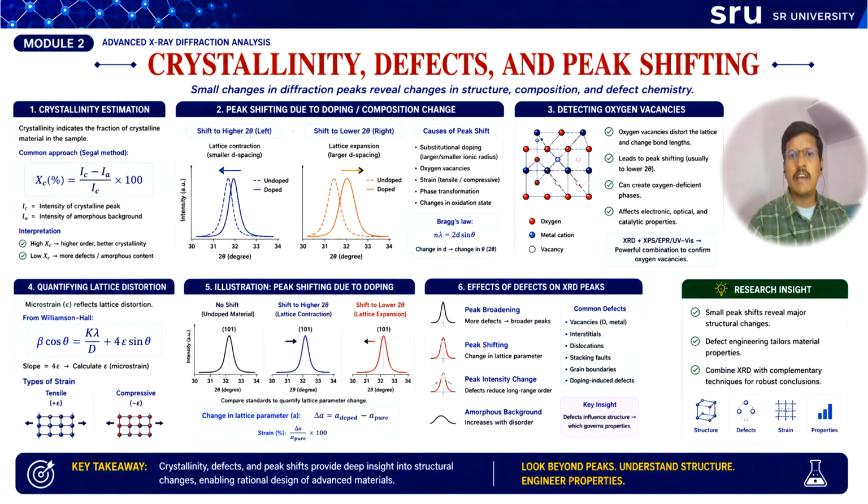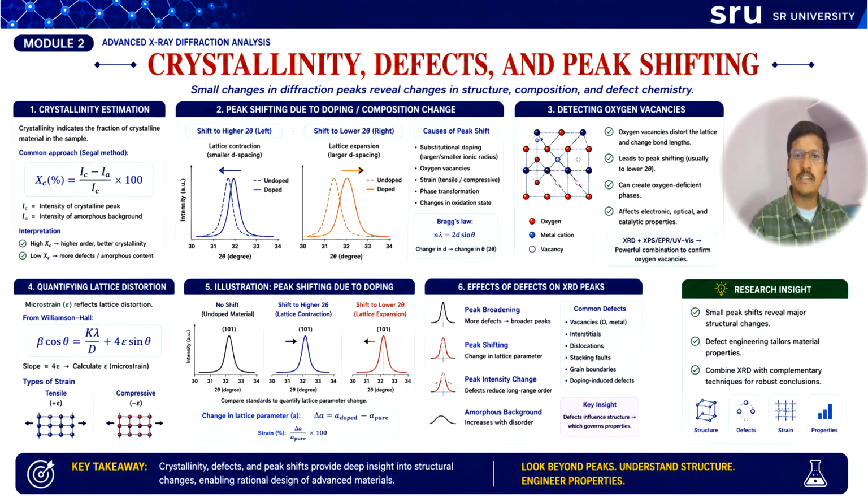Oxygen vacancies are among the most important defects in oxide materials. When oxygen atoms are missing from the crystal, local lattice distortion occurs. This distortion changes the interplanar spacing and modifies the diffraction peak positions and intensities.